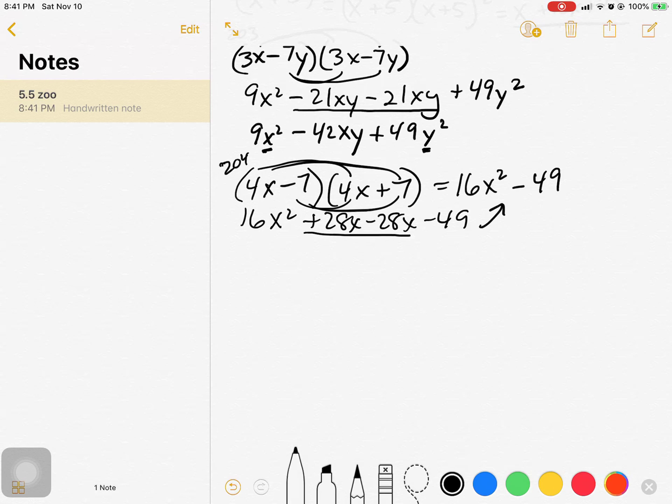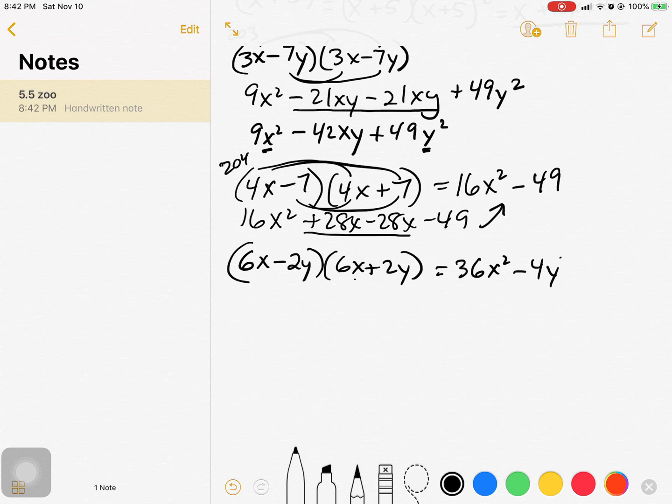Let's find another one with a bunch of letters on there. Okay, how about 6x minus 2y times 6x plus 2y. Again, same first, same last, opposite signs. You should be able to look at it and go, okay, that's 36x squared with a negative in the middle, and then 4y squared.